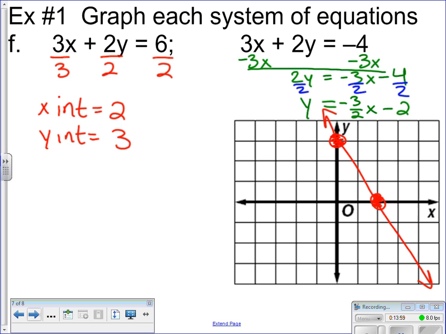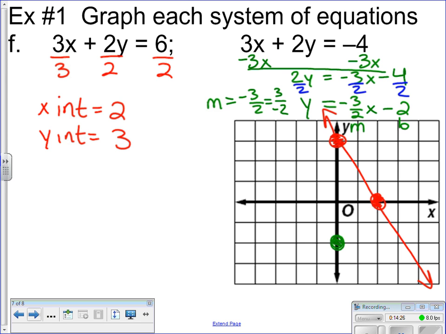So I'll graph this with my b, my y-intercept, being negative 2, and my slope, which is m, is negative 3 over 2. Now if I go down 3 and over 2, I'm going to be off my graph. So instead, I'm going to take the negative sign and move it to the bottom.